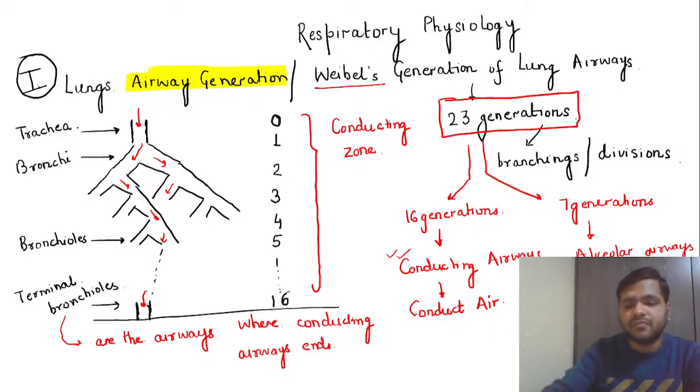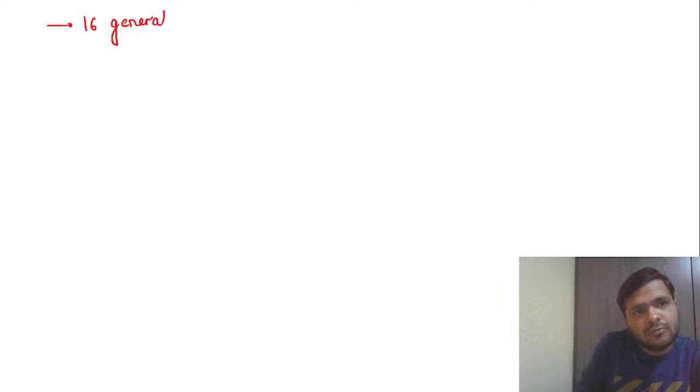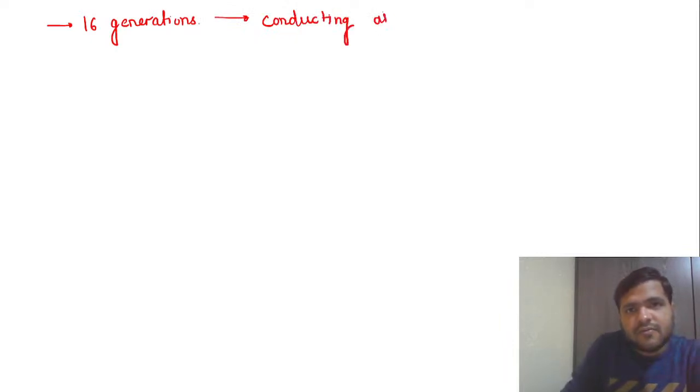So now, write down 2-3 points. We have 16 generations which are responsible for conducting airways, and these conduct air.